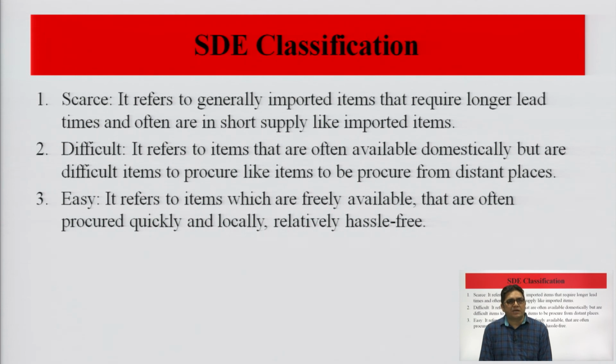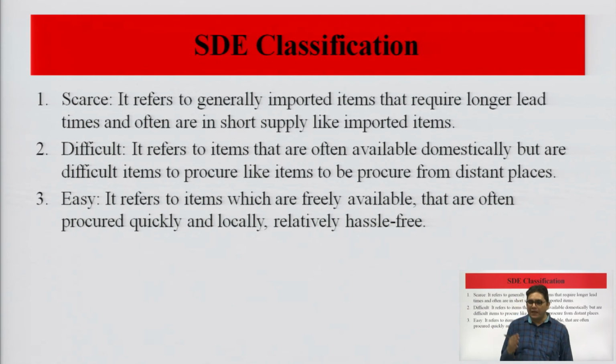Next, there are certain items which are available domestically but are difficult to procure, for example when procuring from a distant place, so the difficulty comes in supplying those goods.